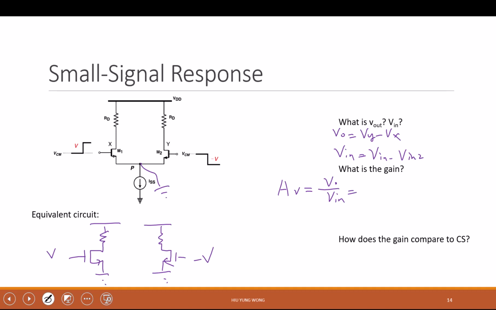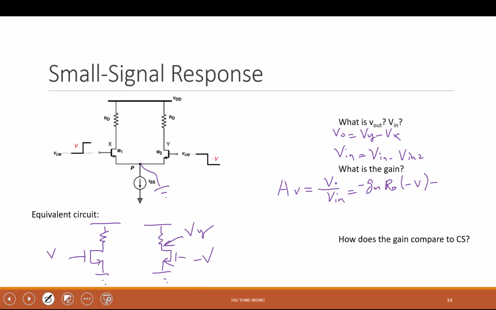But Vy is just equals to negative GM RD times negative V. Vy, this is Y. Isn't that it is negative V times GM RD times negative?